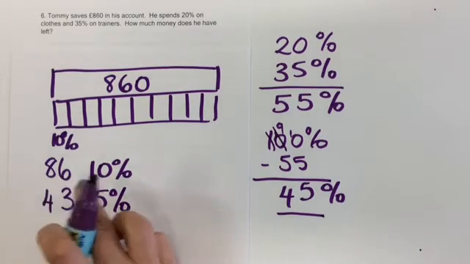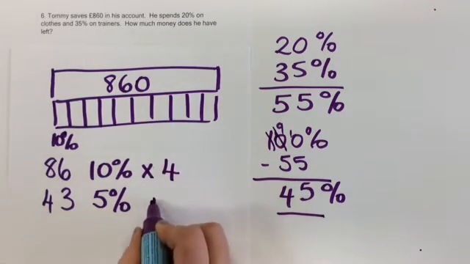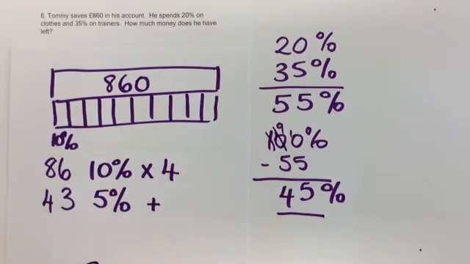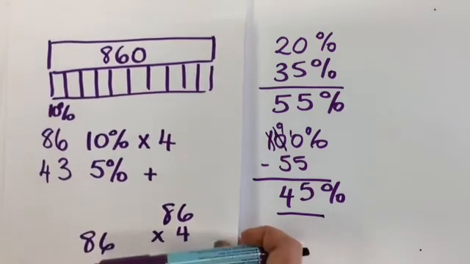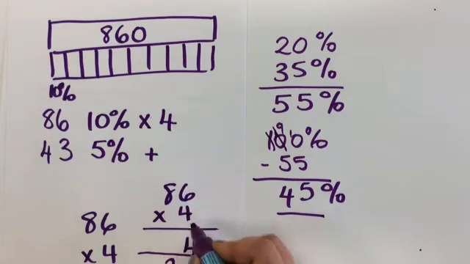So 45% will be this times 4, add on this. So 86 times 4: 4 6s are 24. 4 8s are 32, 33, 34.